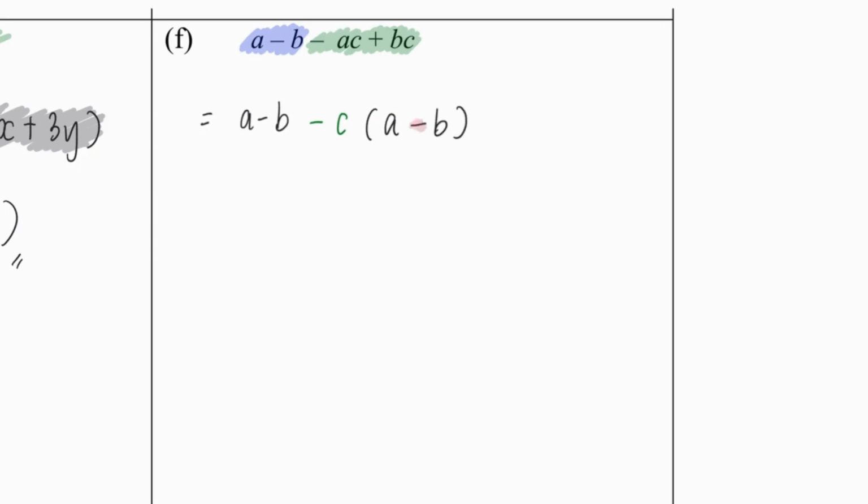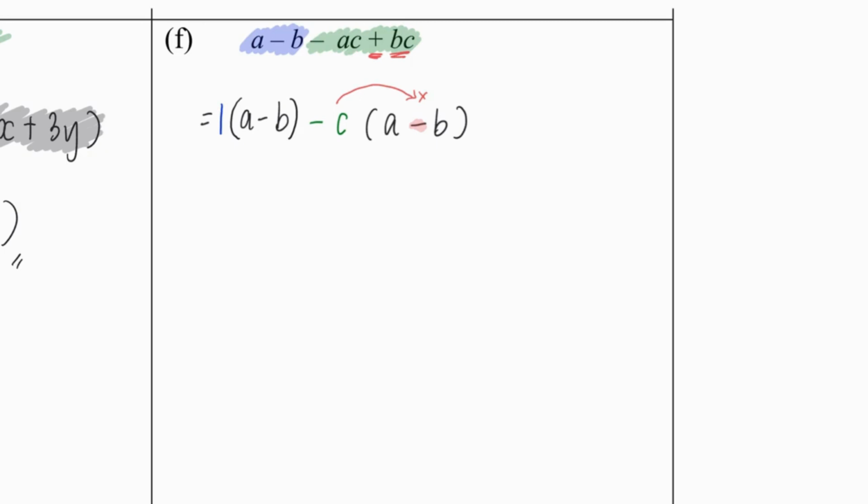Because negative c multiplied by negative b must give me back my positive bc. And it is at this point where I'm going to put this as a bracket and write down 1. 1 times a is 1a, 1 times negative b is negative 1b.